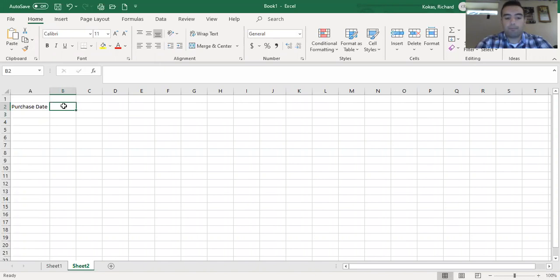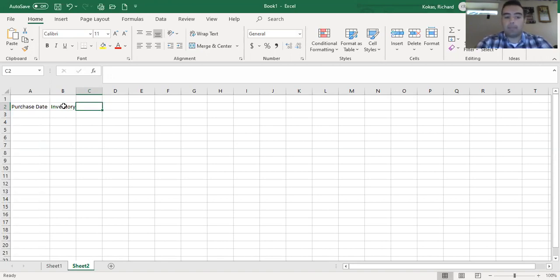Column two will be the inventory itself. What kind of inventory are we buying? If we were a store that sold a lot of different things, we would specify milk purchases, t-shirts, pants, shorts, sneakers, bread, anything of that sort.